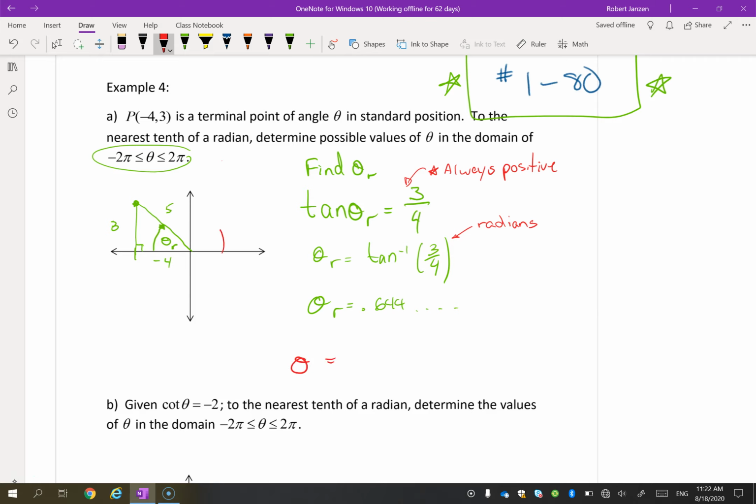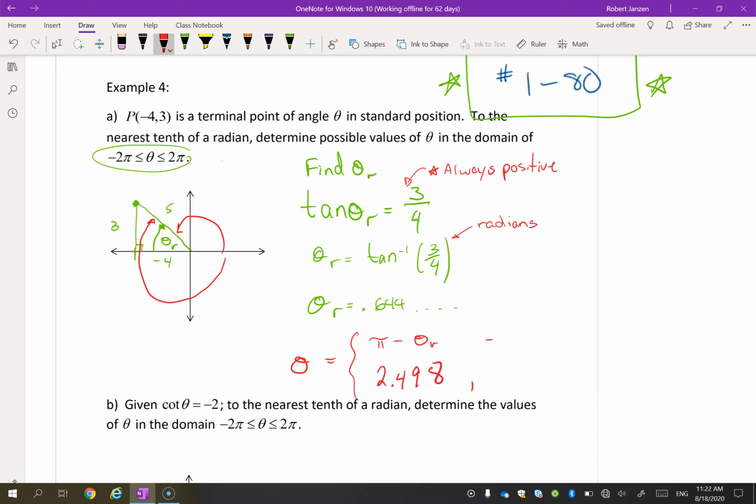So what is the angle in standard position? Well, the first one is going to be pi take away theta r. So you're going to go pi take away whatever's on your display here, and I think you get 2.498. And the other angle is going to be from here to there.